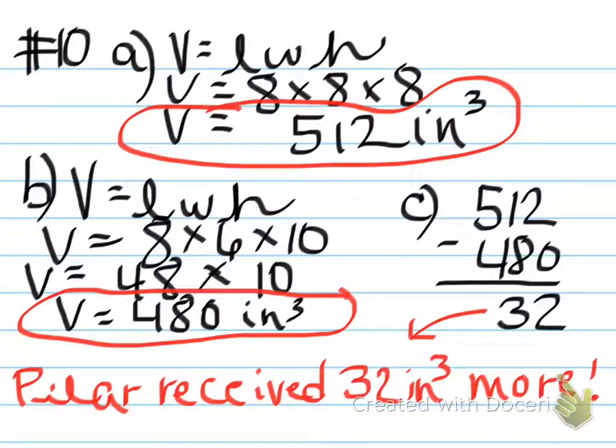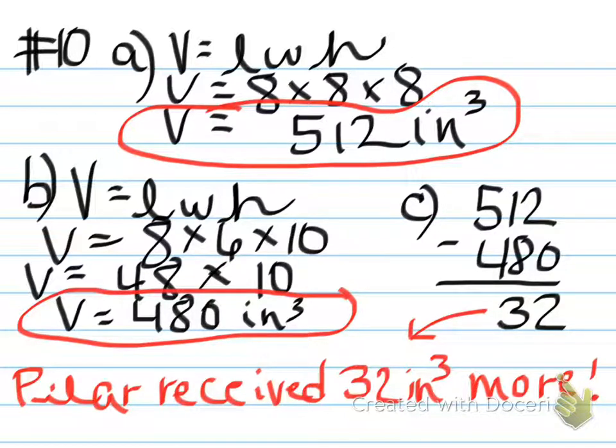You can see the work already complete, but I'll walk you through it. For part A, Pilar, who chose the shorter popcorn box on the left, was an 8 by 8 by 8. So 8 times 8 is 64, 64 times 8, 512 cubic inches.